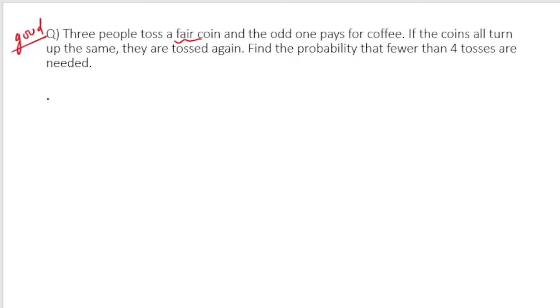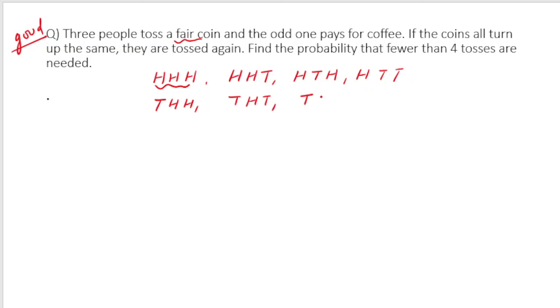3 people toss a fair coin and the odd one pays for coffee. So if you toss a fair coin, the possibility may be that all of them get a head, or the outcome may be like head, head, tail, or head, tail, head, or head, tail, tail, or tail, head, head, or tail, head, tail, or tail, tail, head, or tail, tail, tail.